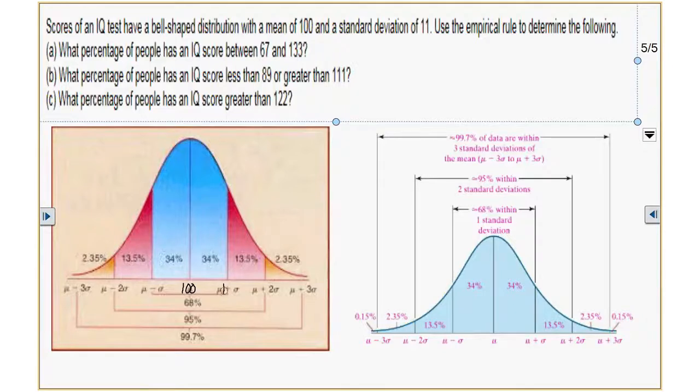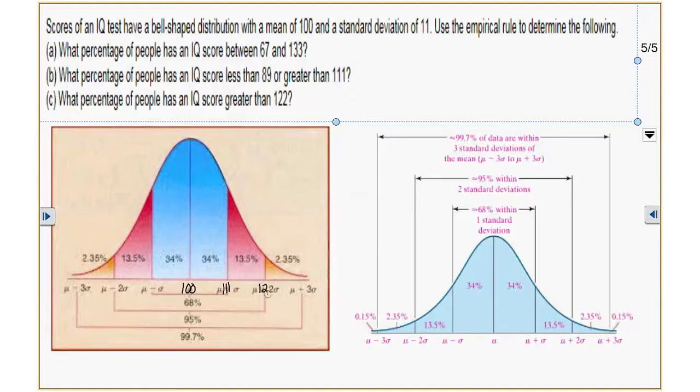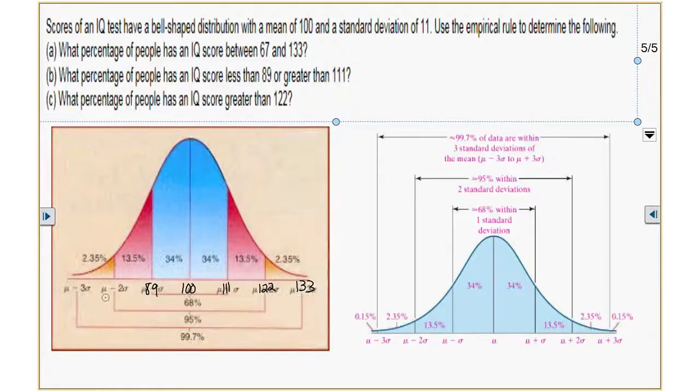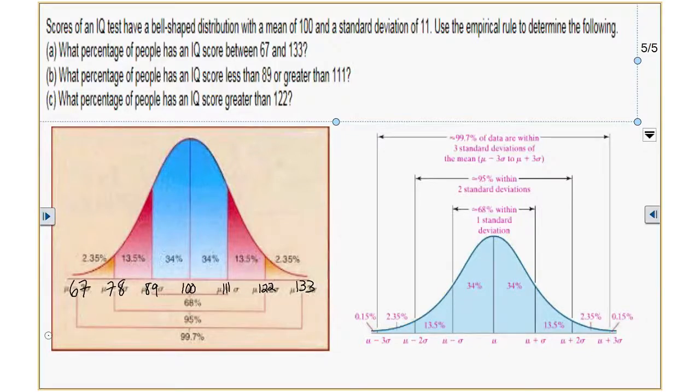So that'd be 111, 122, and 133, 89, 78, 67, and that's all you do. Now you just go through the questions.